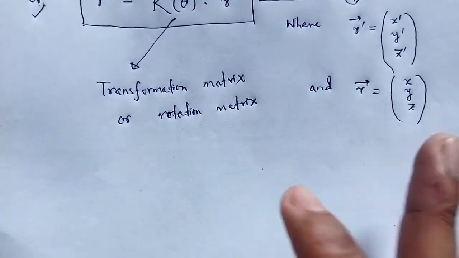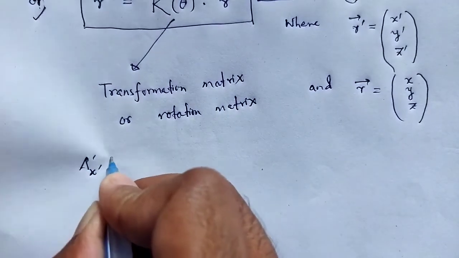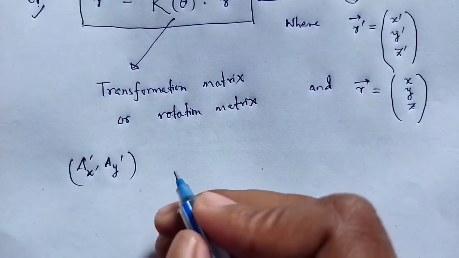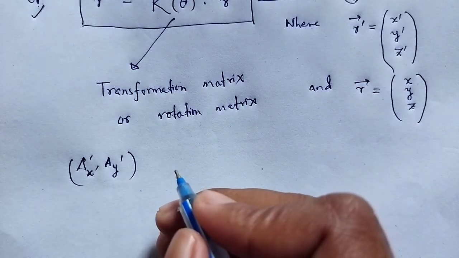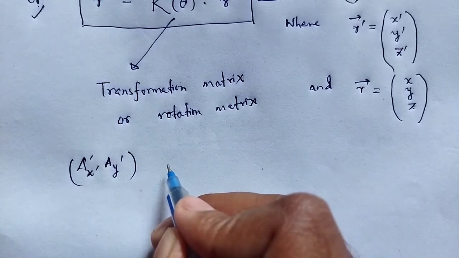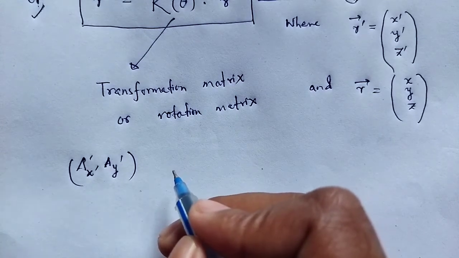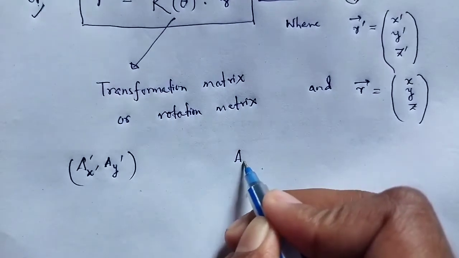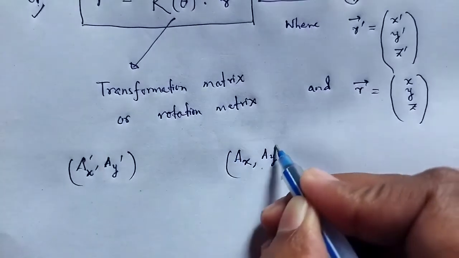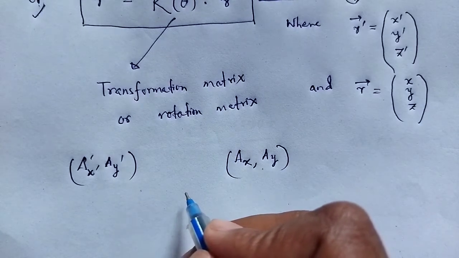So, let Ax dash and Ay dash be the components in the primed coordinate system, and Ax and Ay be the components in the unprimed coordinate system.